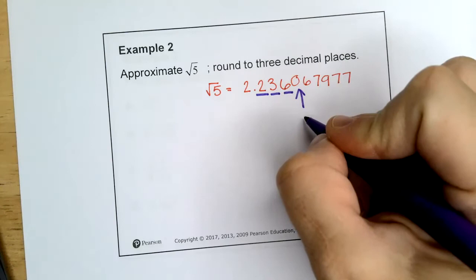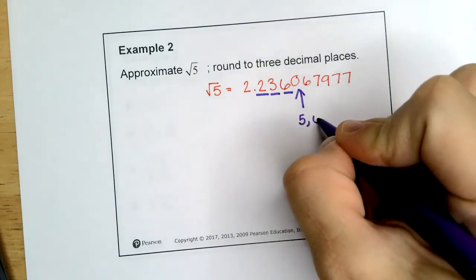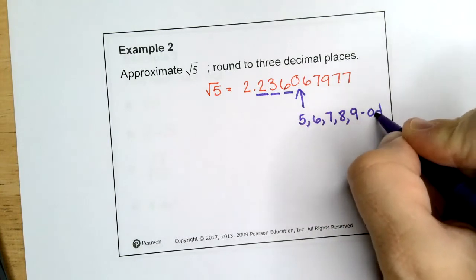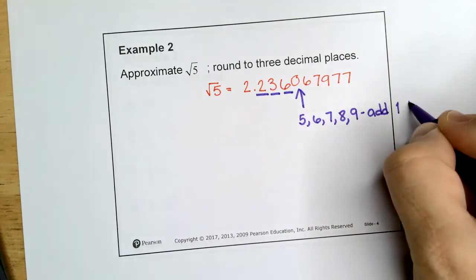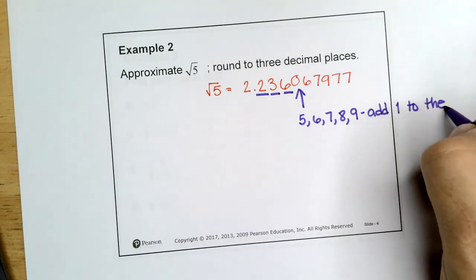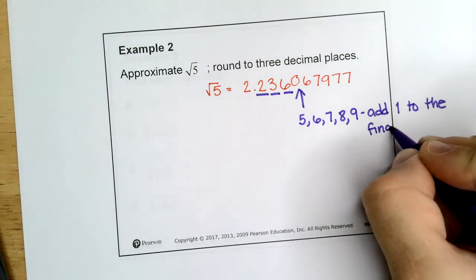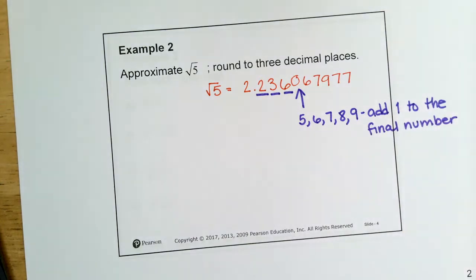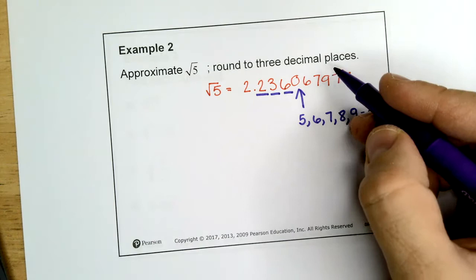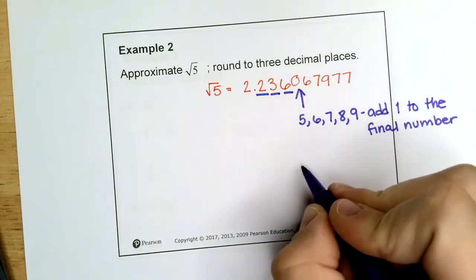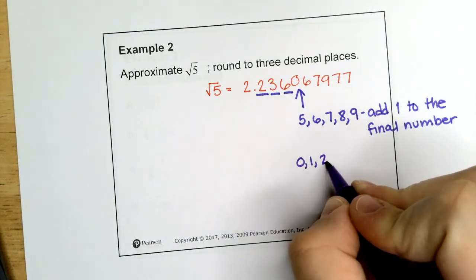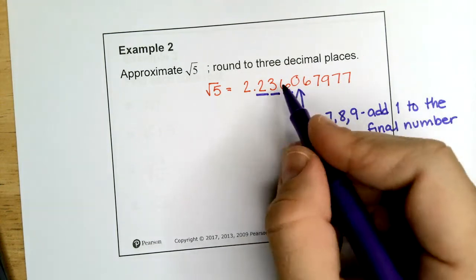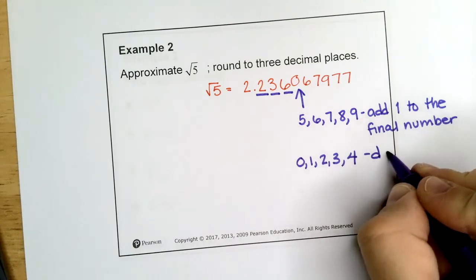If this one is a 5, a 6, a 7, an 8, or a 9, I need to add 1 to the final number that I was rounding. So that would be 7. But if it's a 0, 1, 2, 3, or 4, you just stop it.